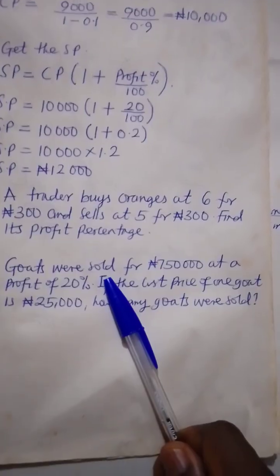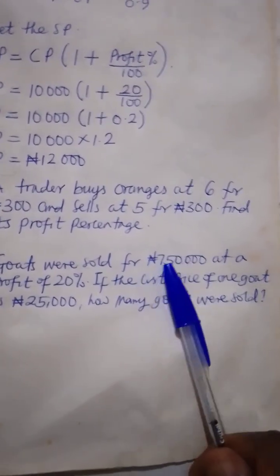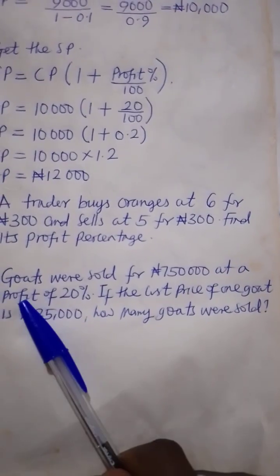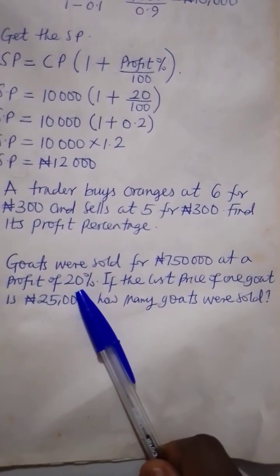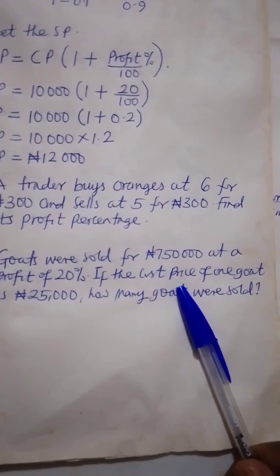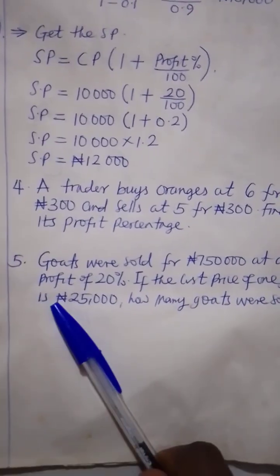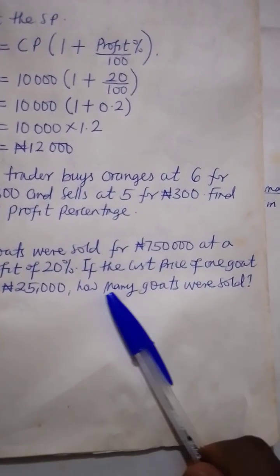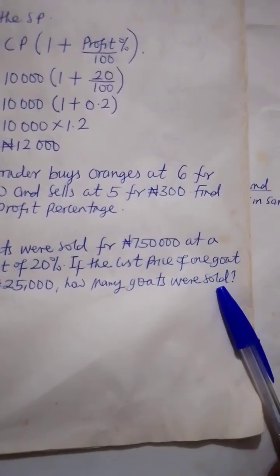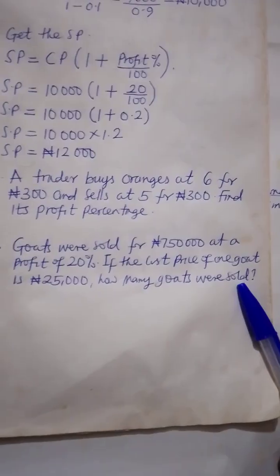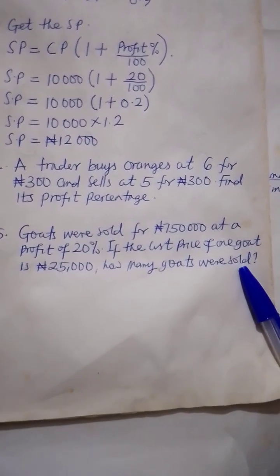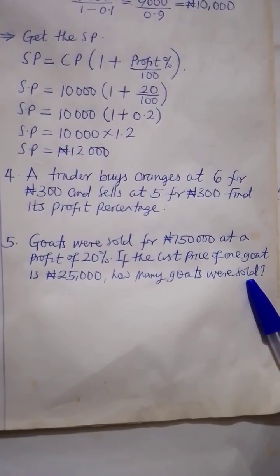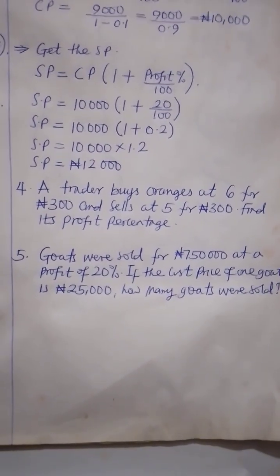Goods were sold for 750,000 at a profit of 20%. If the cost price of one goat is 25,000, how many goats were sold? I would like you to attempt these questions and see if you could journey through. We'll see in the next class.